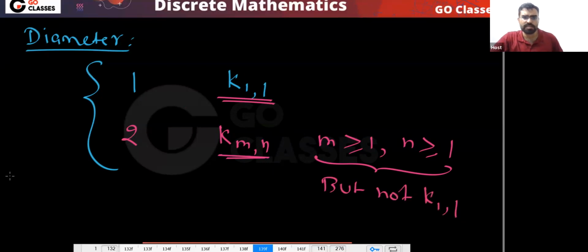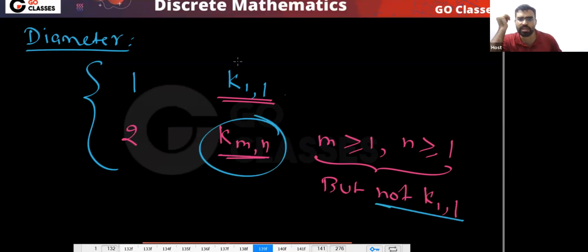Is this clear? Except for K11, the diameter will be 2.